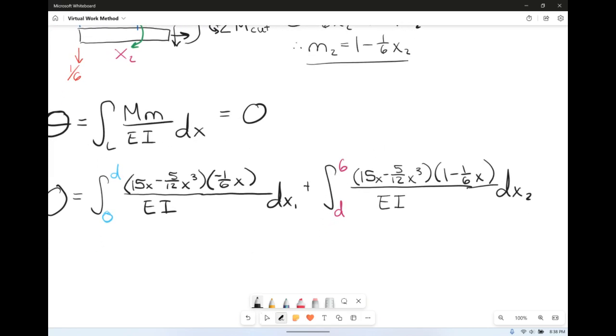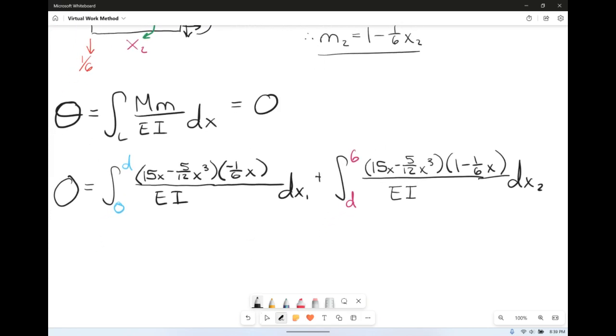So when we're going to solve for this, we have 0 is equal to, when we take our integral, we're going to get negative 15 over 18 times x cubed plus 5 over 360 x to the 5th.